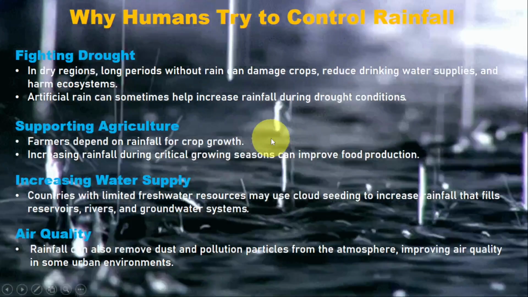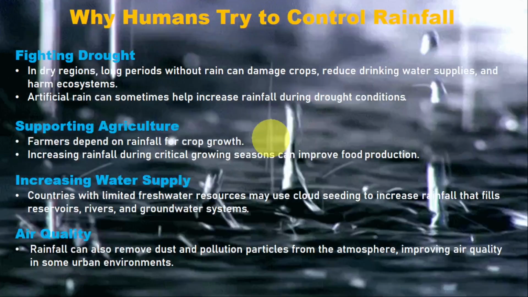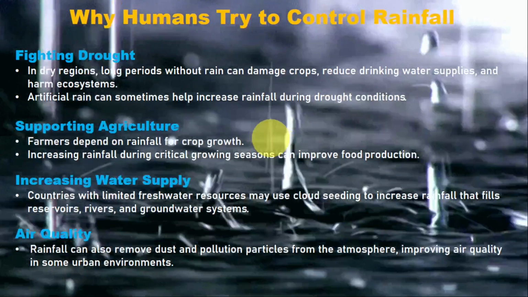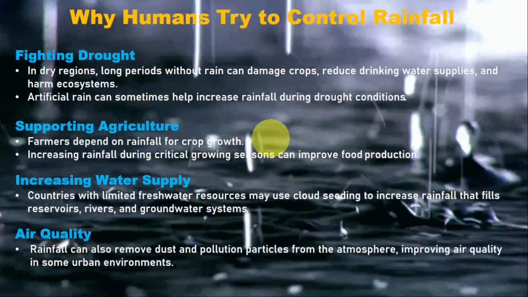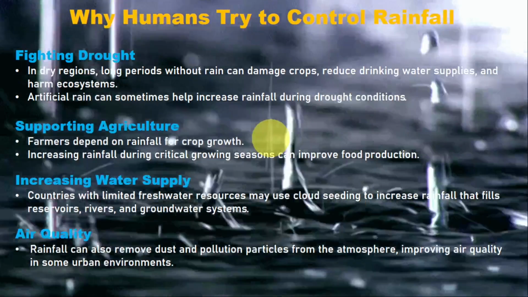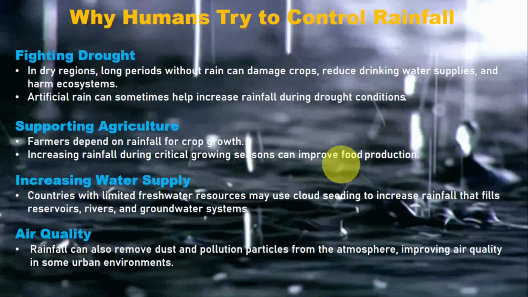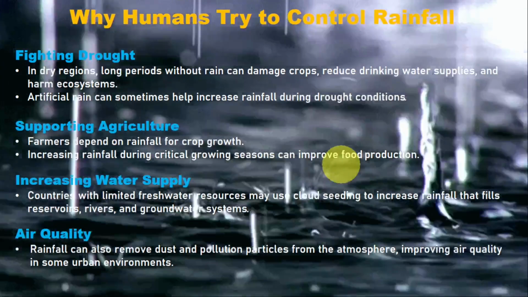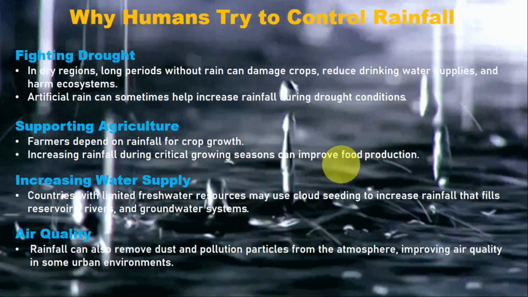Why do humans try to control rainfall? Humans try to control rainfall because we want to fight drought. In dry regions, long periods without rain can damage crops, it can reduce drinking water supplies, and it can even harm the ecosystem.